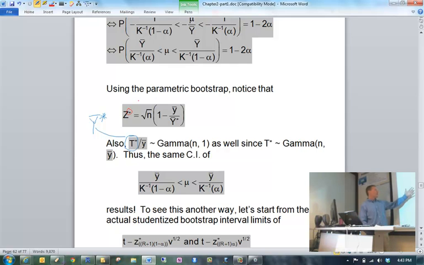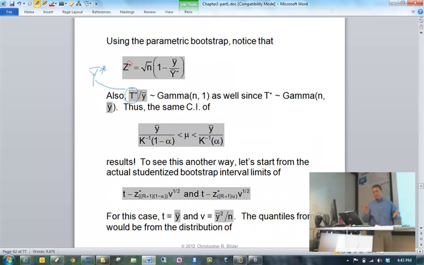Now this y bar star divided by y bar, guess what? It also has a gamma(n, 1) distribution. We've already talked about the distribution of y bar star before. When we divide by y bar, what was y bar before in this gamma distribution now becomes 1.